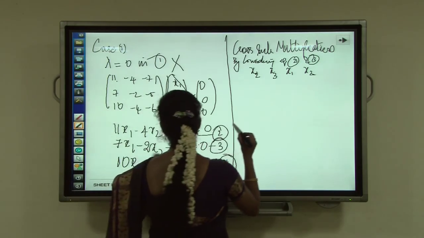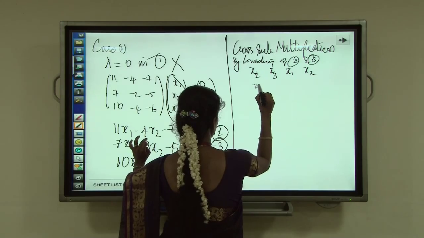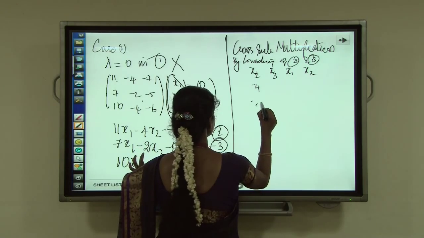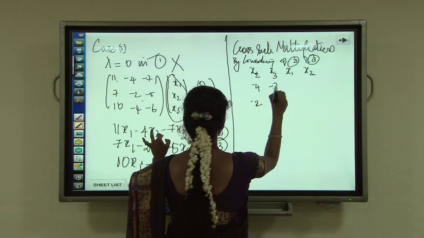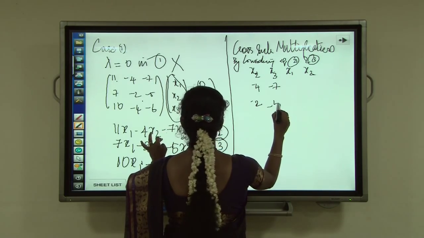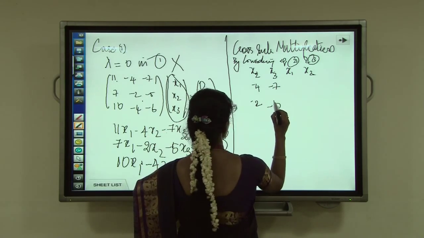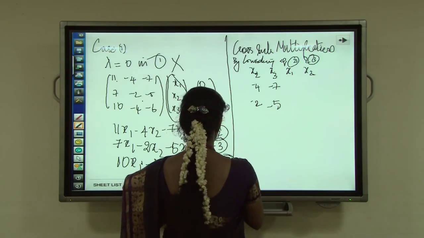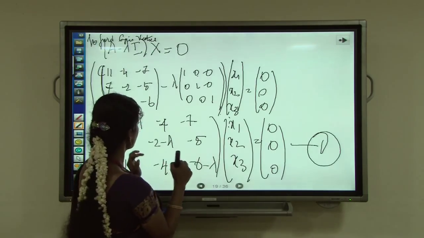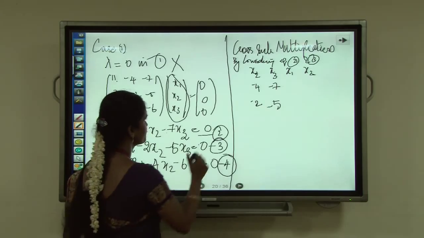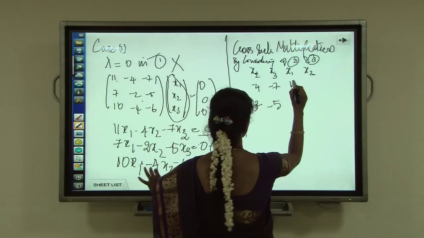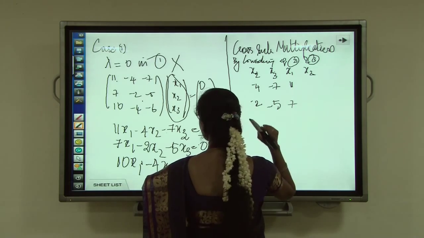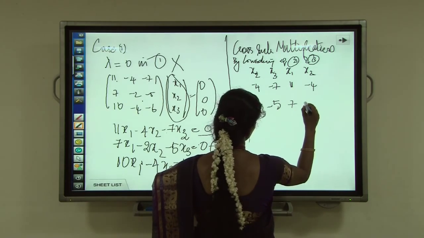Now getting the coefficient of x2, it is minus 4, minus 2, and the coefficient of x3 is minus 7, minus 5. Let us check here, it is minus 5. And for x1 it is 11, 7, and for x2 again it is minus 4, minus 2.